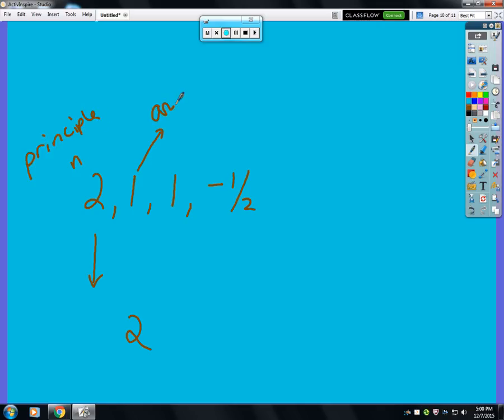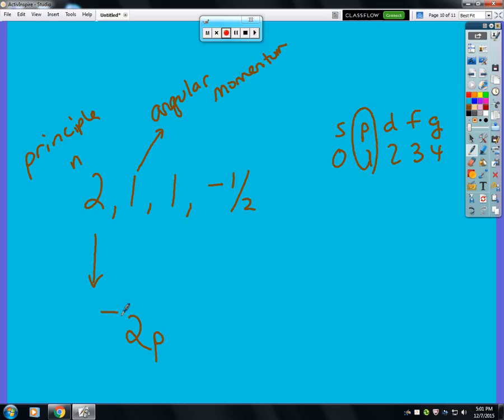This is my angular momentum quantum number. What does that tell me? It tells me my sublevel. So what is it? S, P, D, F, G is 0, 1, 2, 3, 4. So I know I'm in the P's.